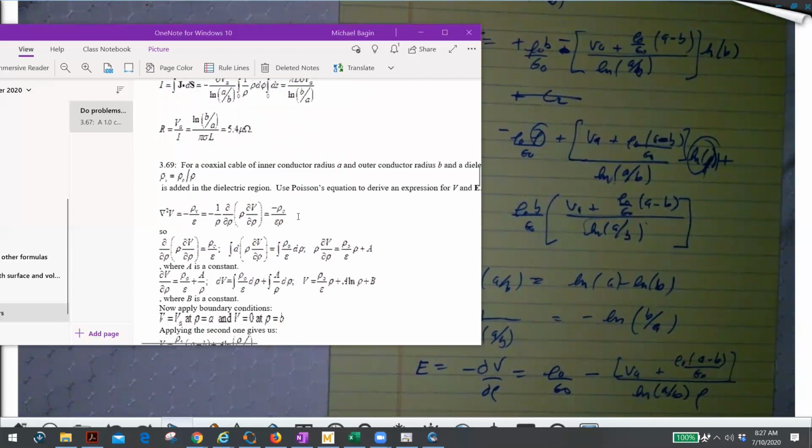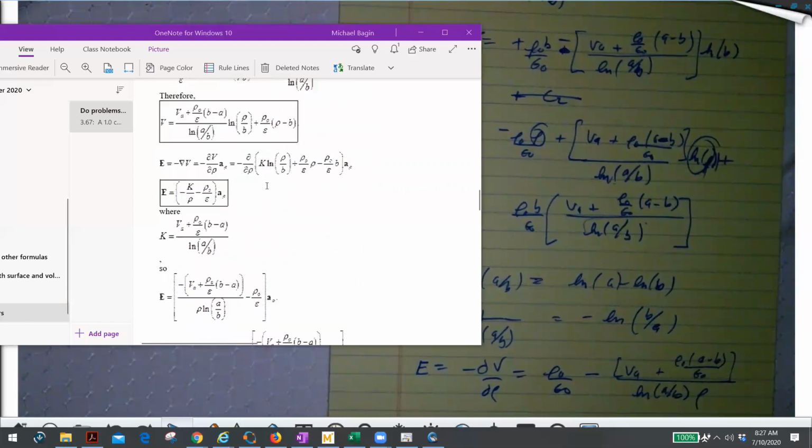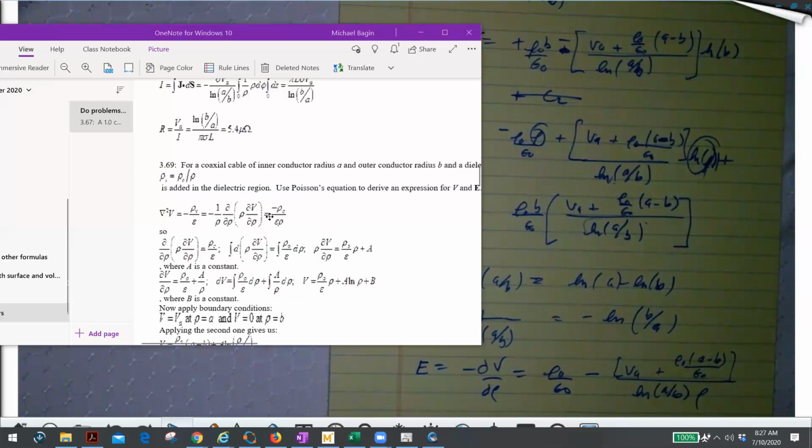Where, in that very first step, it should be minus rho v over epsilon, but then the next part shouldn't be minus 1 over rho d d rho. It should just be 1 over rho d d rho, rho dv over d rho, right? Are you talking about what's right in the very first step, right here, up here? Yes, that very first line, it should be minus rho v over epsilon, but the next part shouldn't have a minus sign in front of it because that gradient squared v doesn't have a minus sign in front.